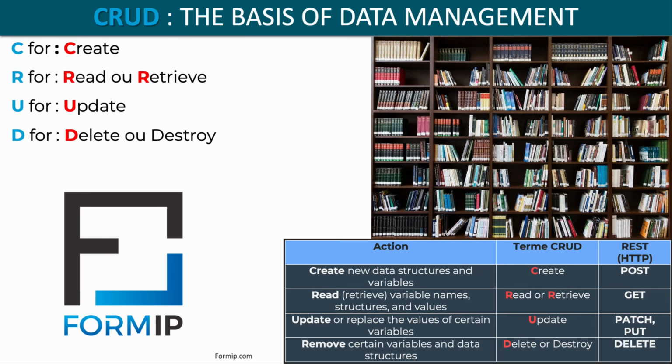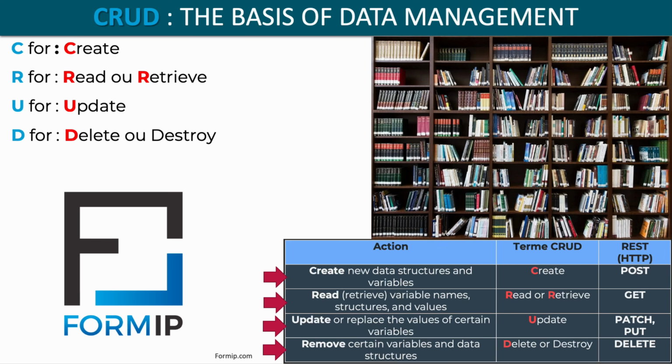Action term CRUD, REST, HTTP: create new data structures and variables, create, post; read, retrieve variable names, structures, and values, read or retrieve, get; update or replace the values of certain variables, update, patch, put; remove certain variables and data structures, delete or destroy, delete.